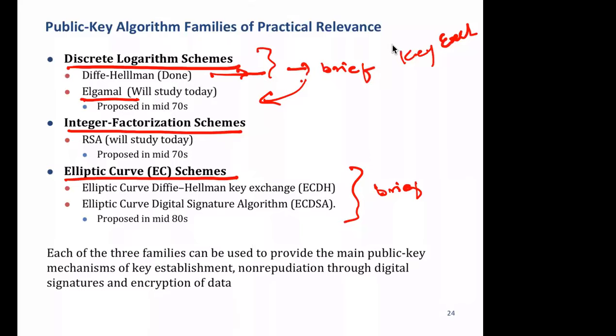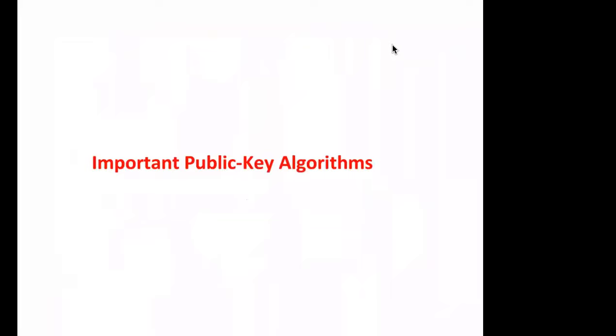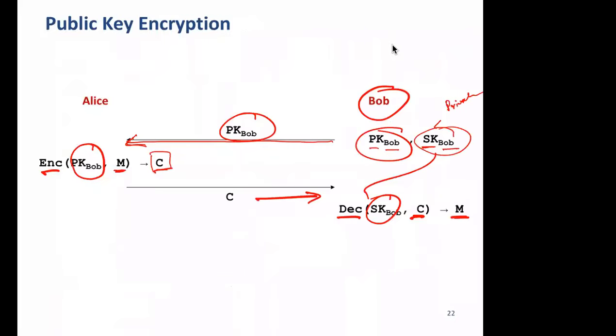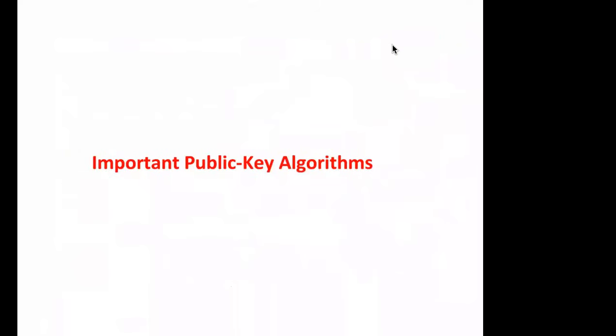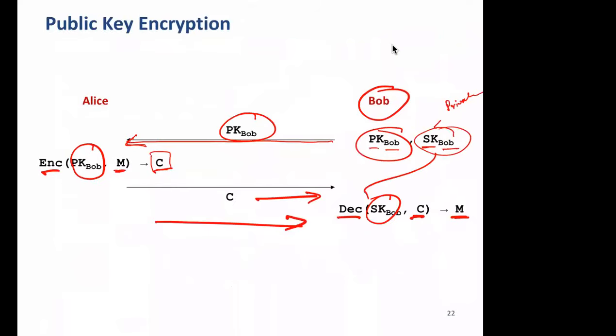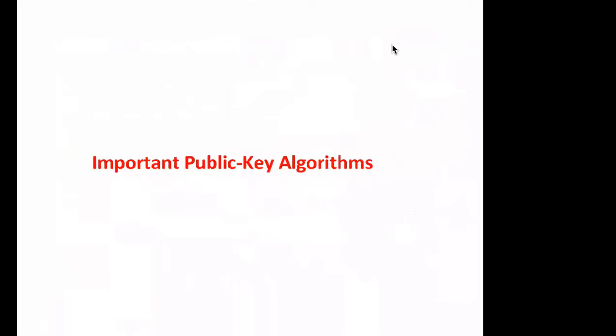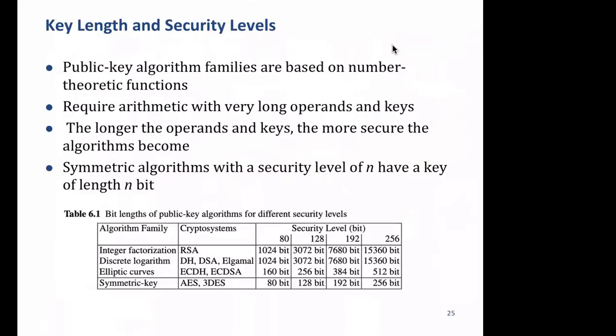The one we have studied here is where a person who wants to send an encrypted message only needs to know the public key. So we are not talking about generating a common key. You can go through this diagram and these tags.